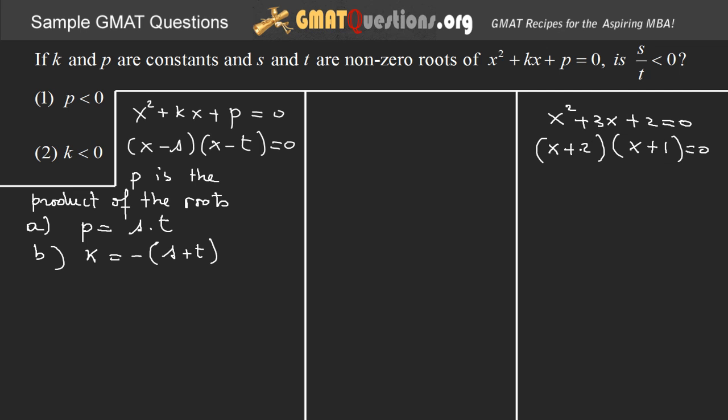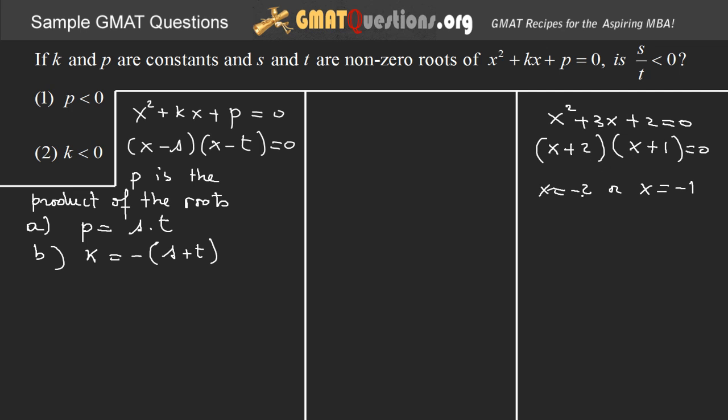But 2 and 1 are not the roots. The actual roots are x equals negative 2 or x equals negative 1. So be careful when you do the factorization. What you see is not really the root. It's the opposite of the root.